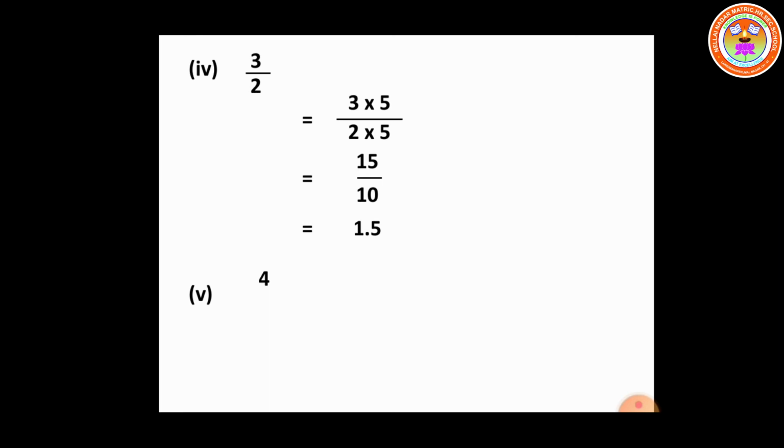Fifth subdivision, 4 divided by 5. I want the denominator as a multiple of 10, so I multiplied by 2. 4 into 2 divided by 5 into 2. 4 2s are 8, 5 2s are 10. So it gives 1 decimal, that means 0.8.